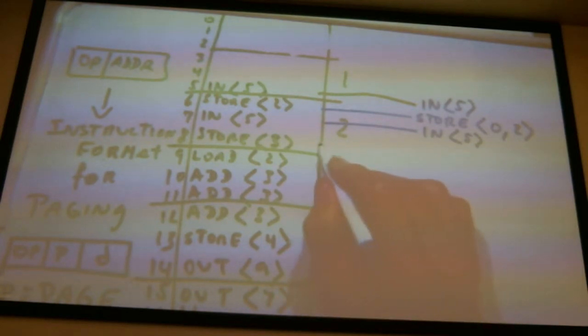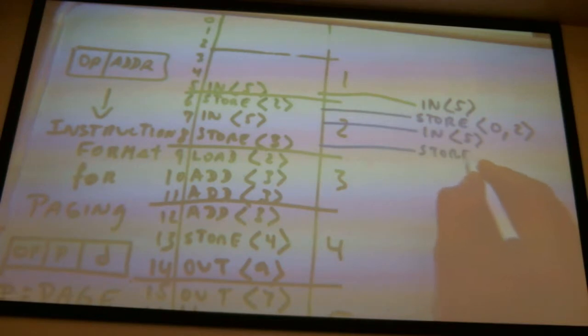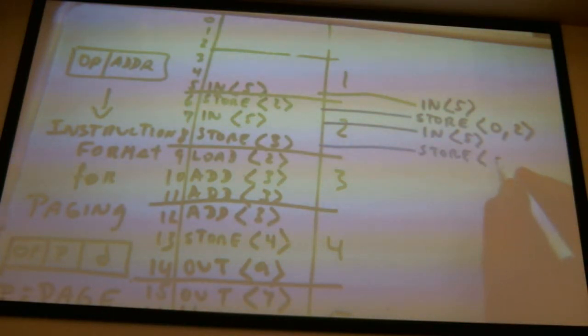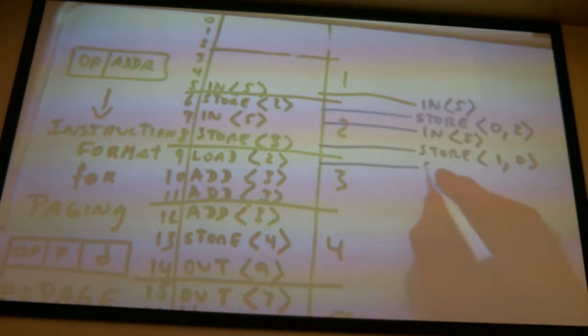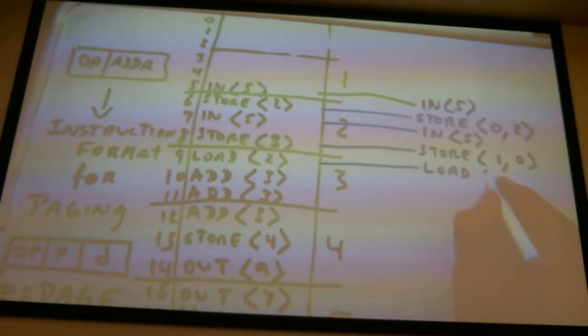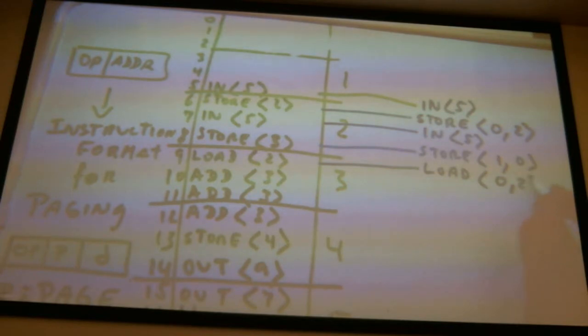But this one, it changes. That one will be a store. Where is 3? Page 1. Displacement 0. Okay, we're doing good. For this one, load. What is in 2? So what is the page? 0. Displacement? 2.